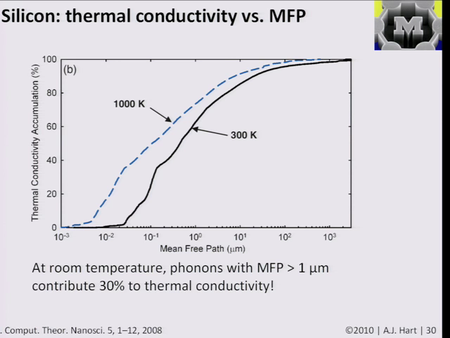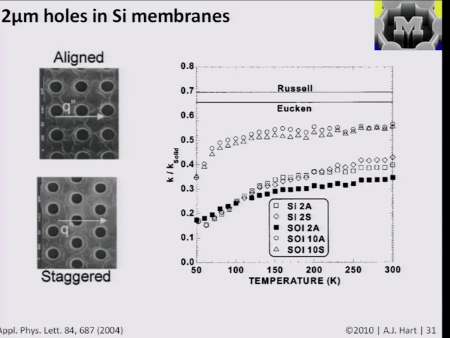So anytime our structure starts to get down to this region, we're going to see some deviations. And here's a couple examples of that. First, what some people did is they took a silicon membrane and they drilled some 2-micron holes in it. And they tried different arrangements, either aligned holes or staggered holes.